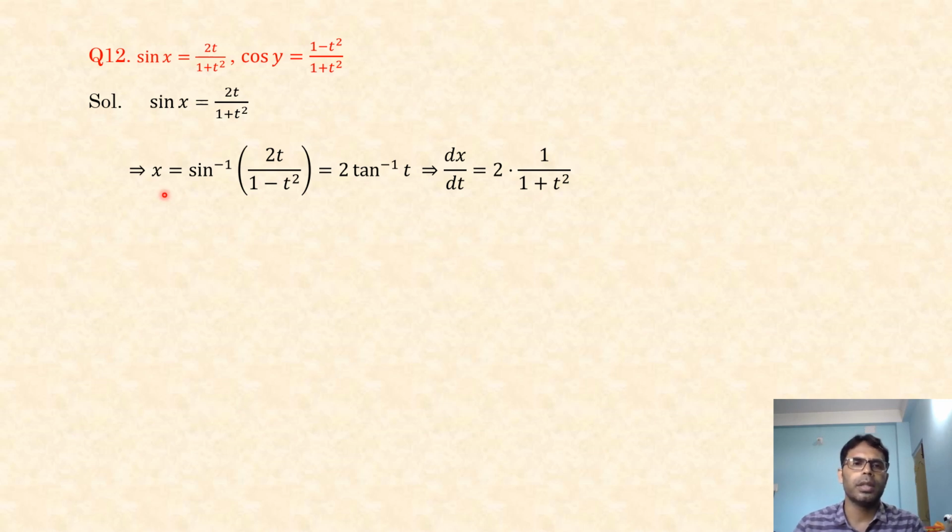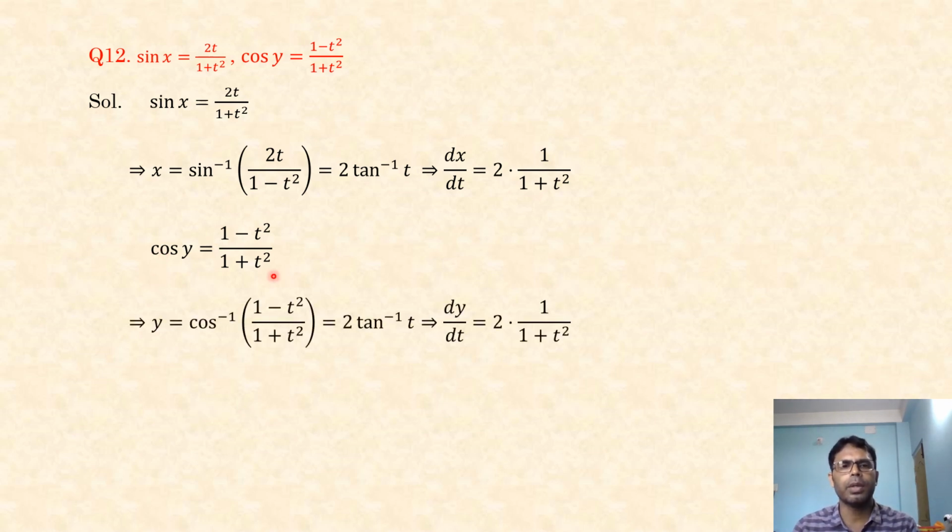So x is equal to 2 tan inverse t. So dx/dt will be 2 remaining same, and the tan inverse t function derivative is 1 by 1 plus t square. It is already known to you. And take the second one, cos y is equal to this one. In this case also take cos inverse on the right hand side. So y is equal to cos inverse of 1 minus t square by 1 plus t square, and this term is again equal to 2 tan inverse t.